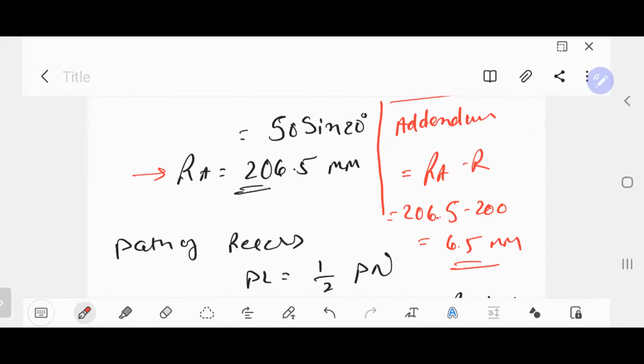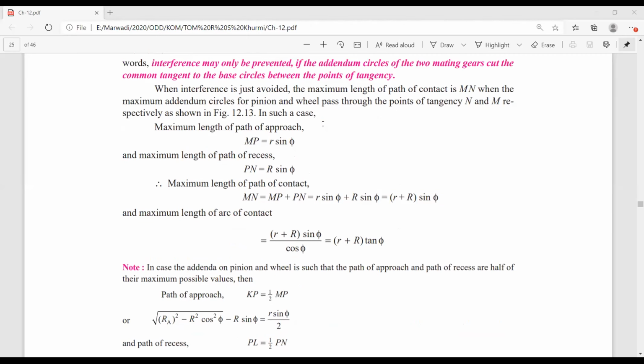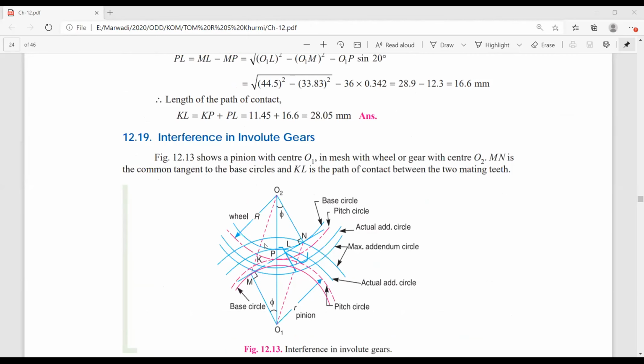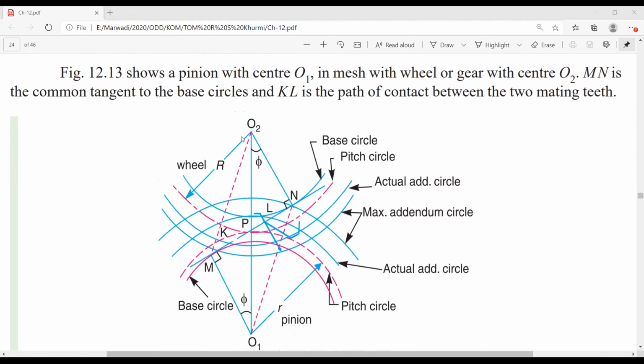Why is it 6.5? Let us see the figure again. You need to understand the terminology; that is the important thing. Here is the pitch circle, this dotted line, and this is the addendum circle. The radius of the pitch circle is R, and the radius of the addendum circle is our RA.